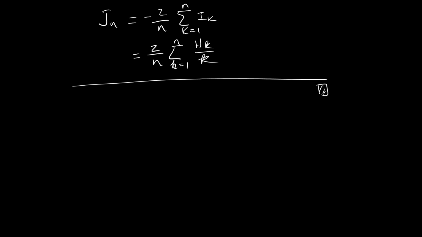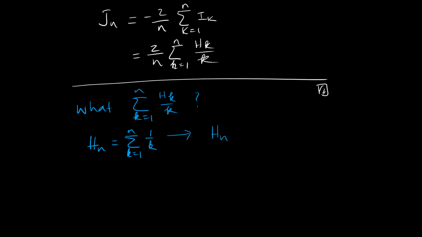We just want to see what this is. Okay, since we know that h of n is the same as the summation from k equals 1 to n of 1 over k, then if we have something like that, let's not use k, let's use i.